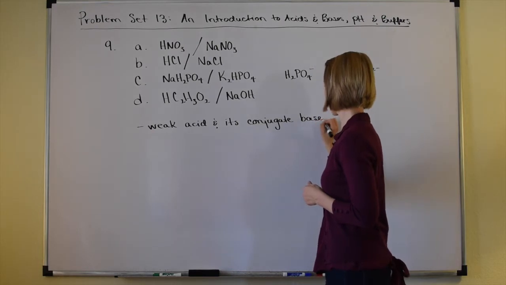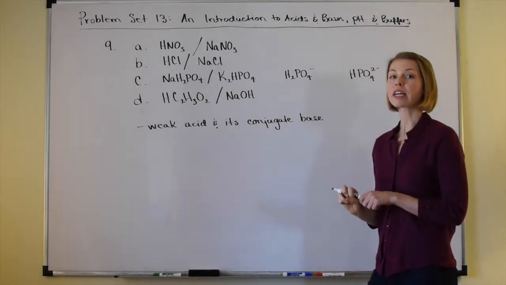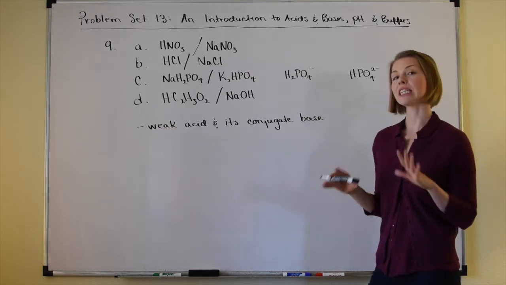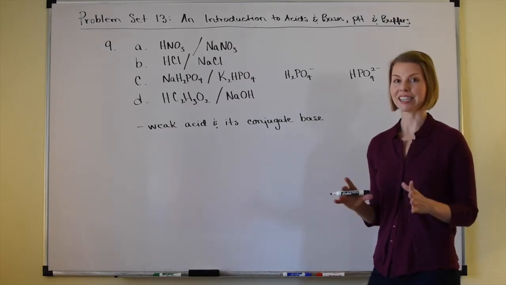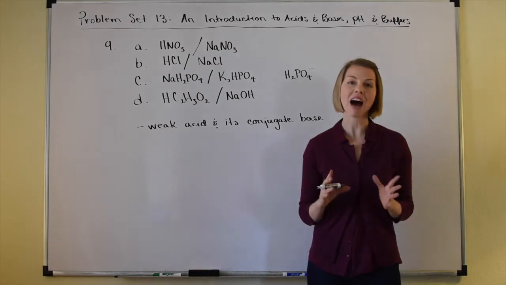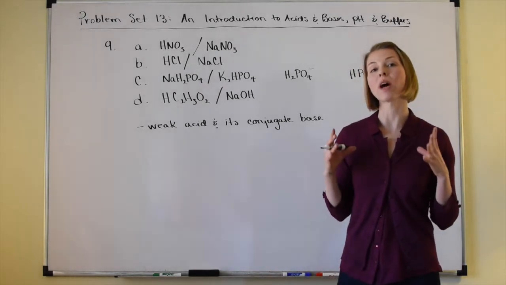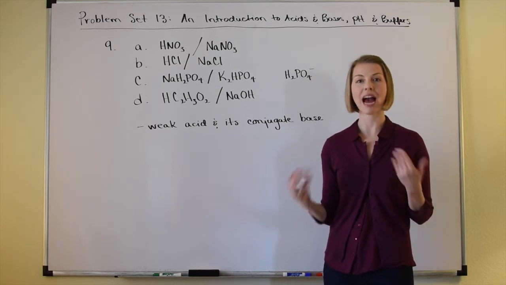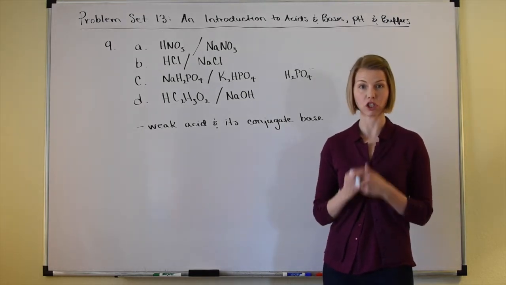Okay. So right away, we can go ahead and eliminate any one of these that has a strong acid. A strong acid will not function as a buffer because it will 100% ionize, and therefore you won't have a conjugate acid-base pair in that solution.